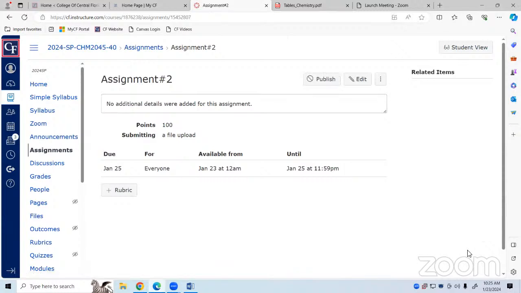Hold on, let me publish it here first. Right, so you can upload it into Canvas if you so prefer. If you choose to do it that way, make sure that it's in the form of a PDF document, all right? Because for some reason, Canvas can't deal with other types.